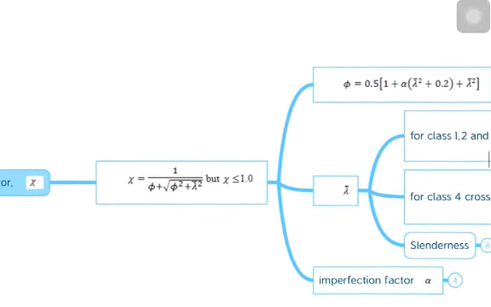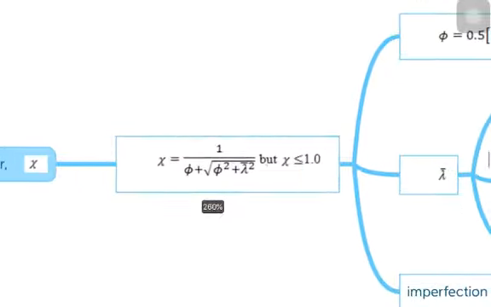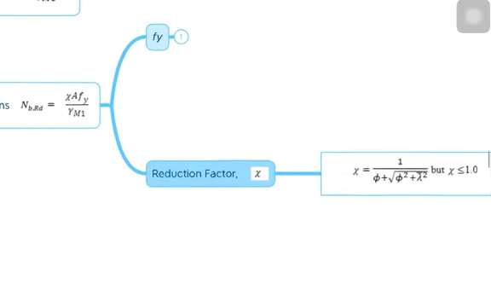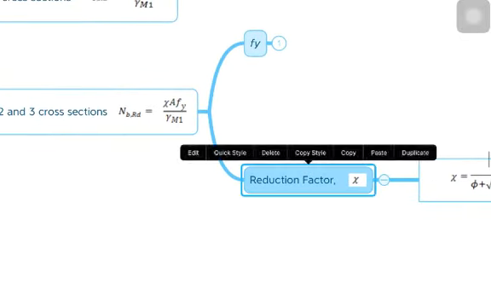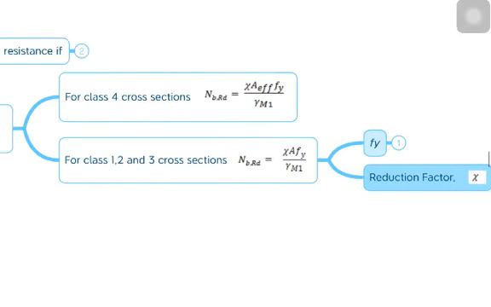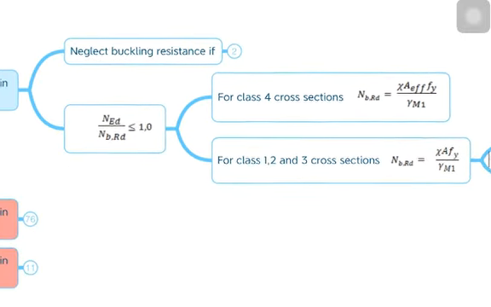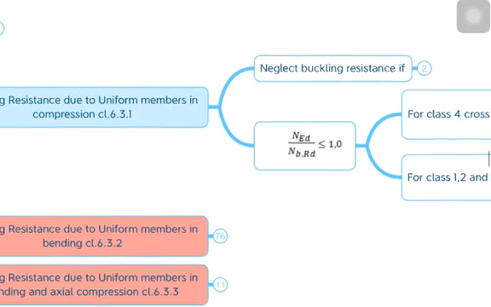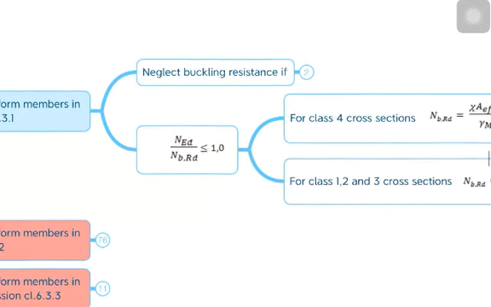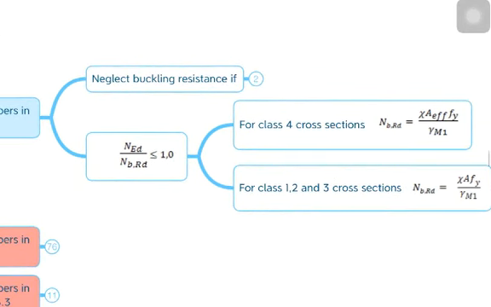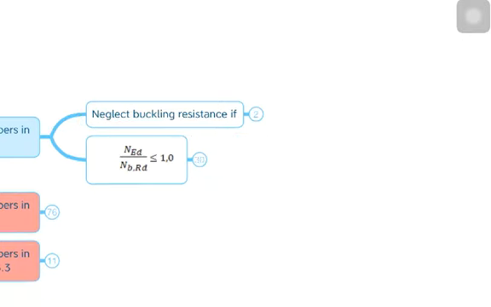From phi, you can get the value of chi, and from chi, you are able to calculate the buckling resistance NBRD. Then you check the NBRD against the design axial load NED subjected to the column, and if NBRD is greater than NED, then your column is safe.